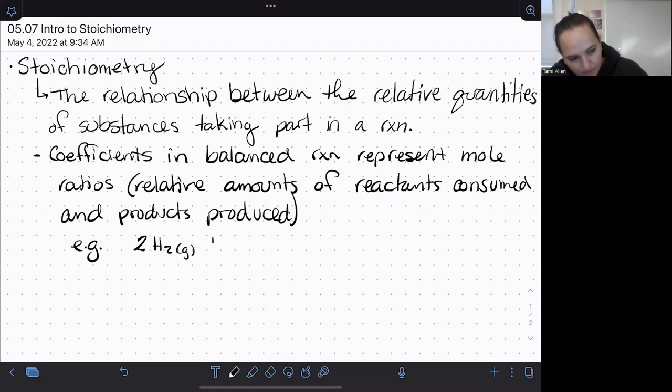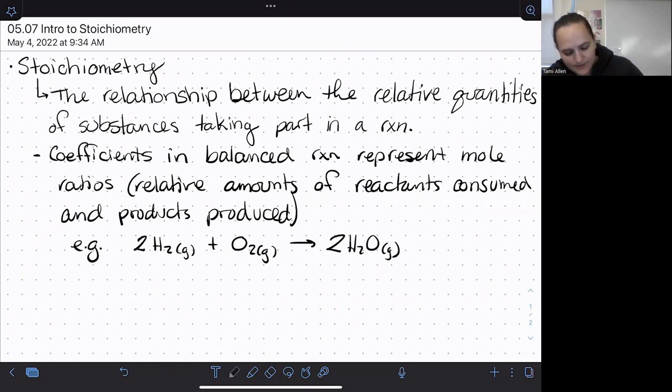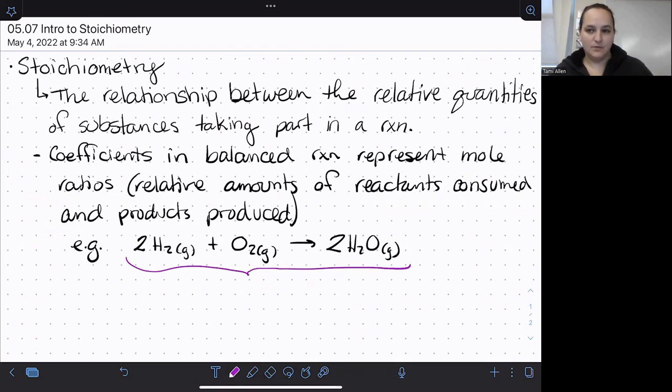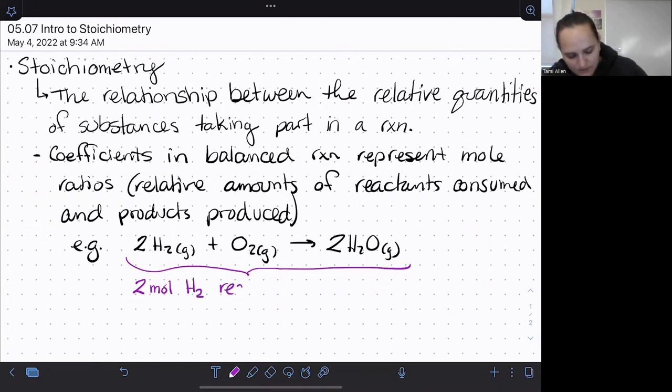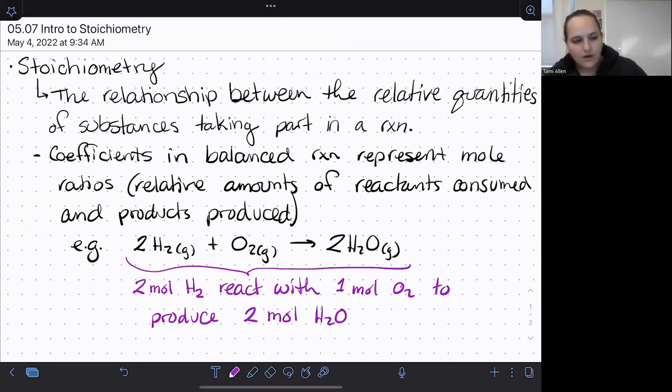So for example, if we look at the reaction that produces water from hydrogen and oxygen gas, what this represents is hydrogen gas and oxygen gas forming water, but more specifically, it represents 2 moles of H2 reacting with 1 mole of O2 to produce 2 moles of water.